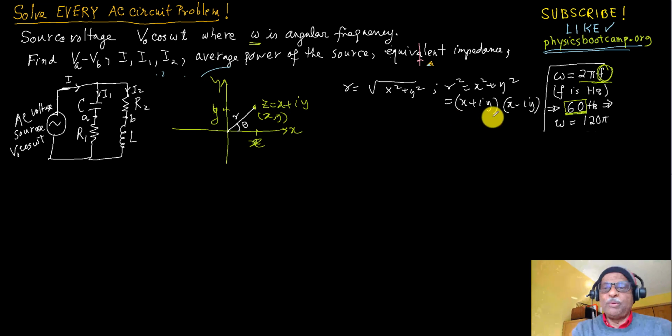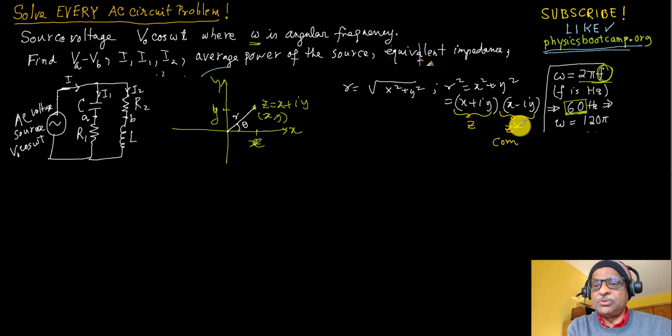So when we do this, we just use a trick, but it's a very good trick. So if we call this number z, then we call this number the complex conjugate of z, and usually put a star over there. Complex conjugate of z.